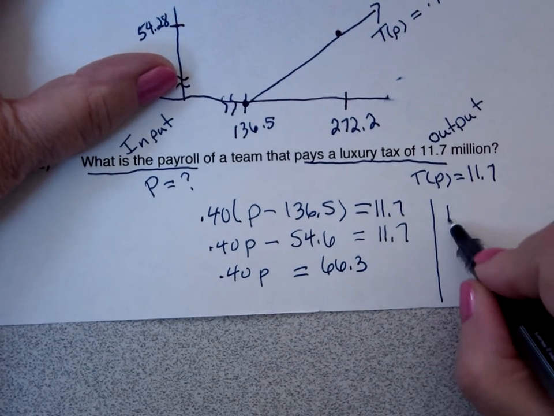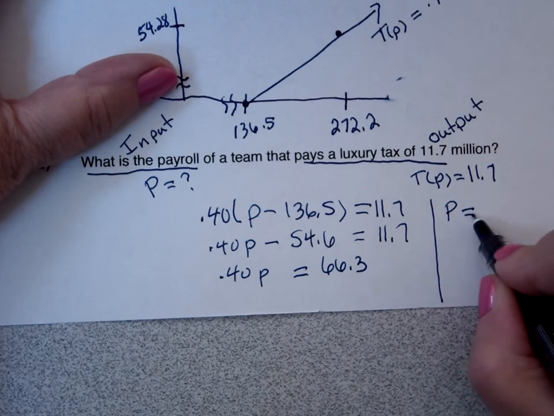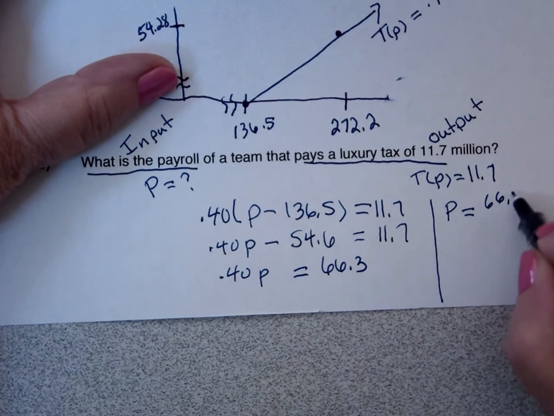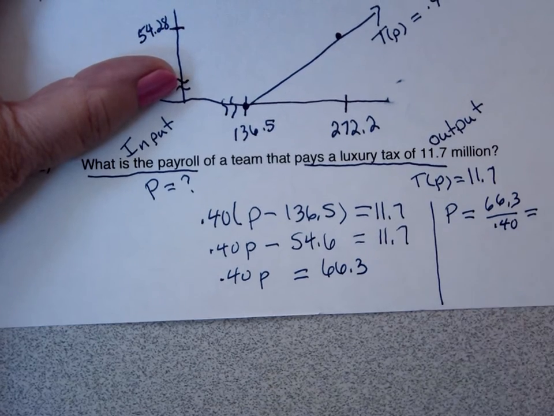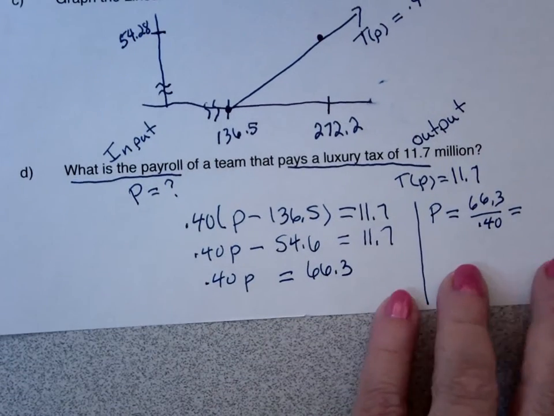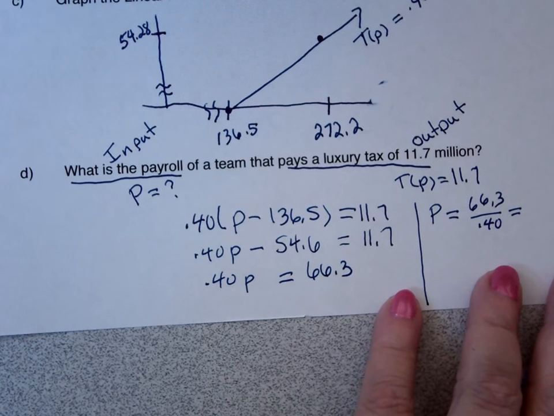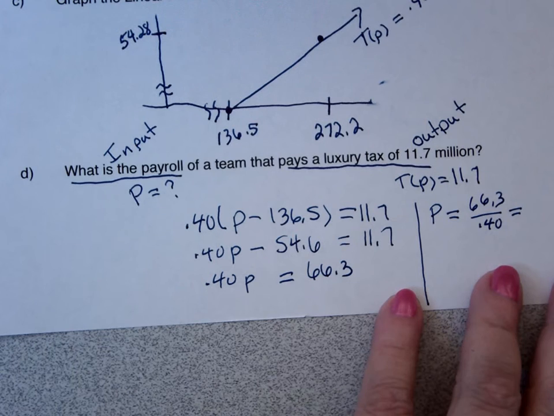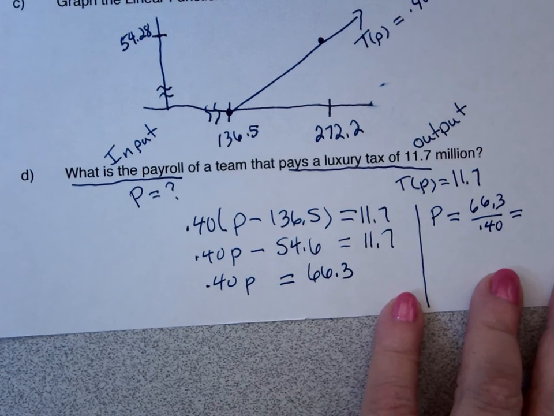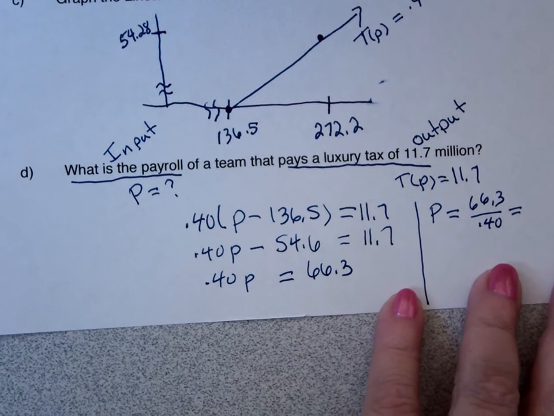Or that P is 66.3 over 0.40. Now, one thing for sure I know, it has to be more than how much? 136, because if it's not more than 136, he pays nothing. We're being told he paid 11.7.